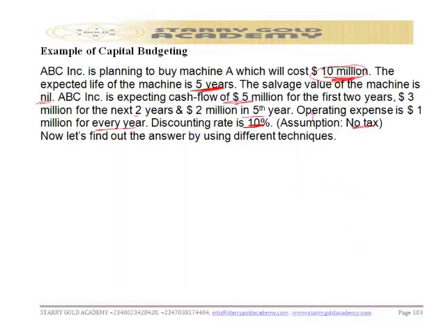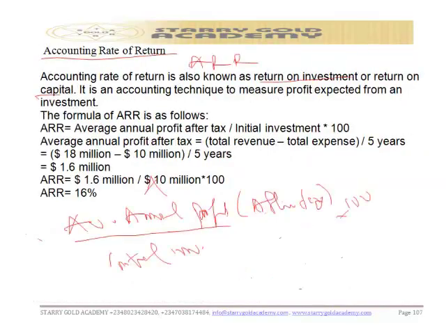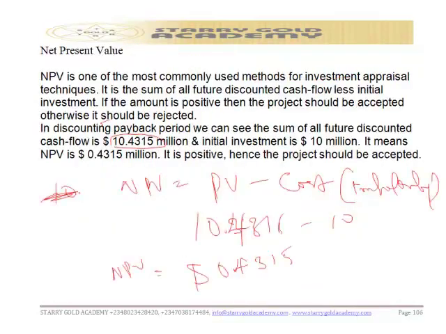Let's read the question. Now the question says the cost is 10 million, 5 years, average value 5 million, no tax. Now annual profit after tax, let's go there. Annual profit is 18 minus 10 million. How do we get the 18? After tax, let's go back to it.